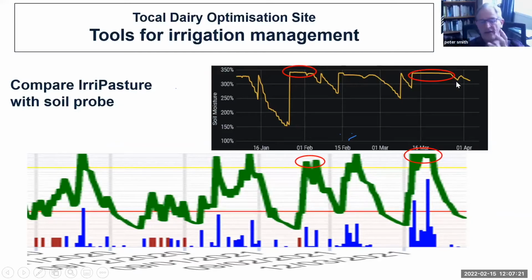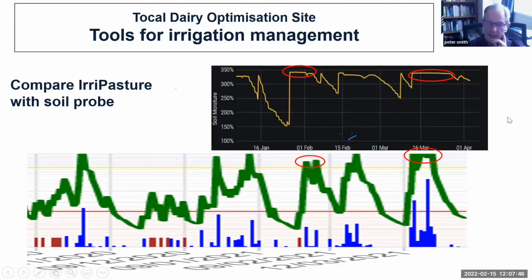So just to show how they might complement and how you can use both, and that's why the season that I was just showing you, Matthew Brett might have delayed putting some water on straight when the irripasture showed, because he'd be aware that there would be some waterlogging occurring in the paddocks. Didn't have the probes to tell him, but this information from these probes from previous seasons was alerting him to that.